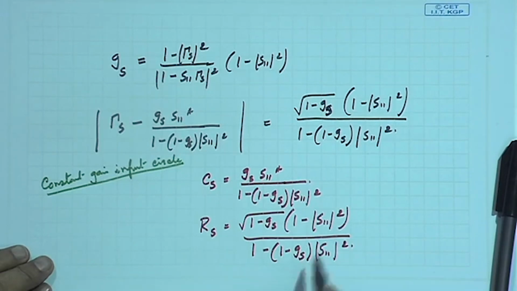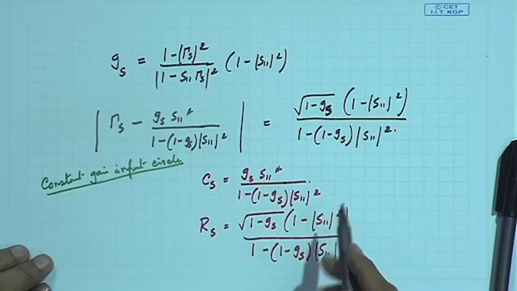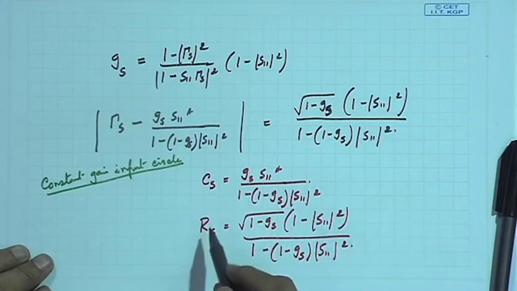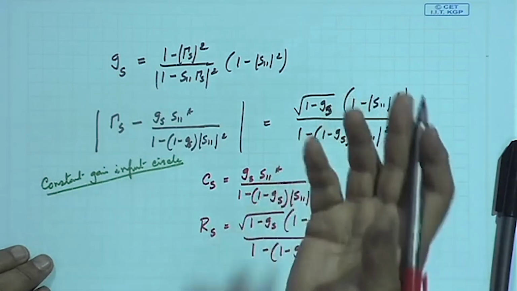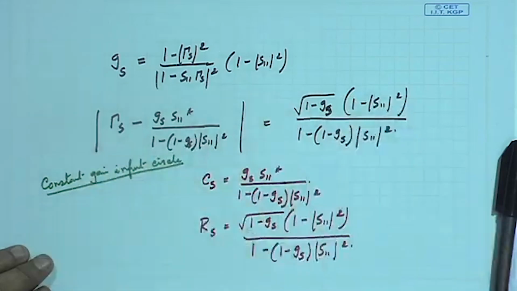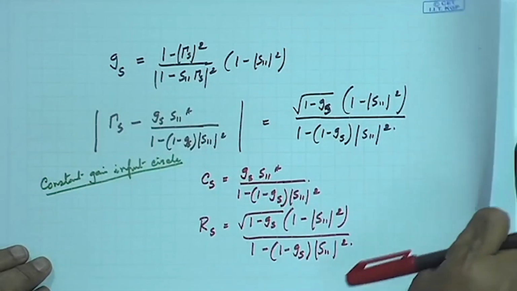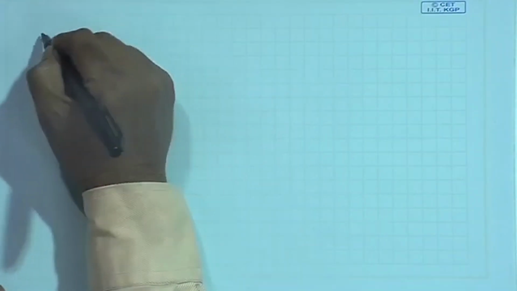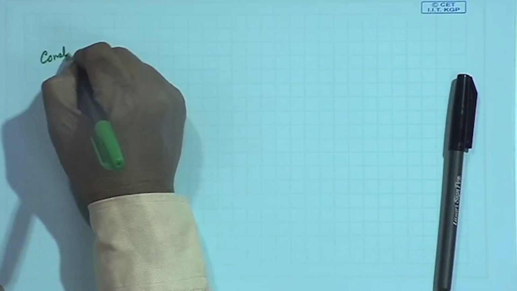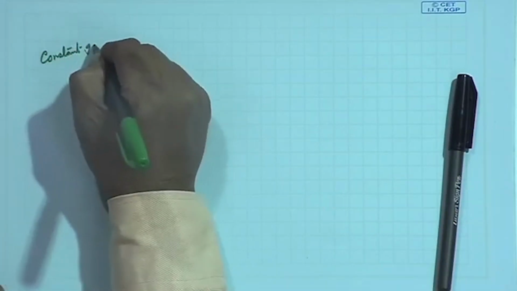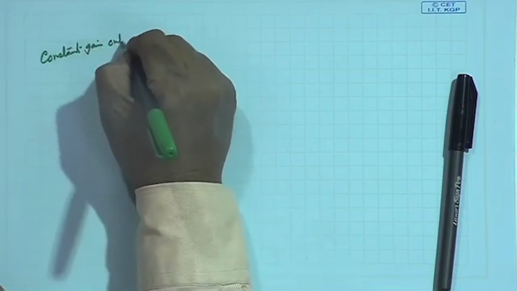GS is specified, S11 value I know from the S parameter. So, I can find out this and I can plot that on the Smith chart, that will be a circle. Similarly, I can do for the other thing, that constant gain output circle.